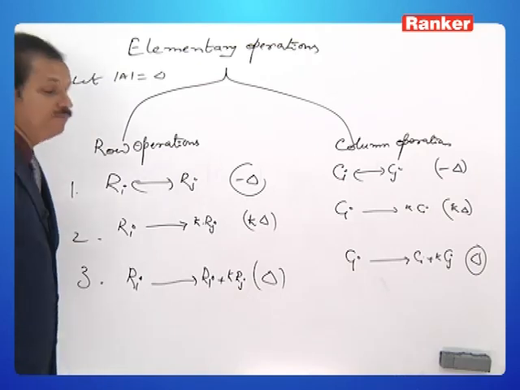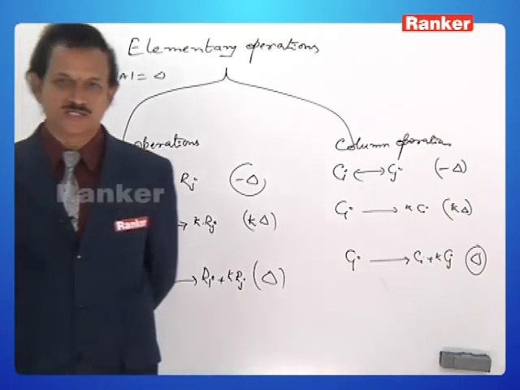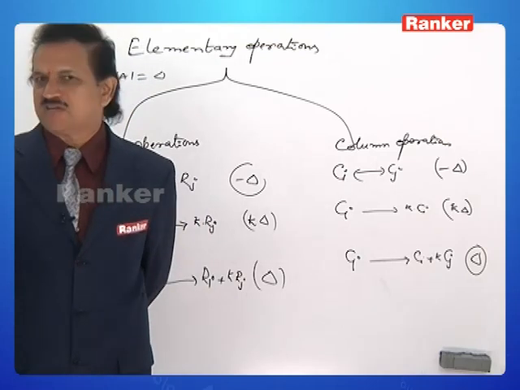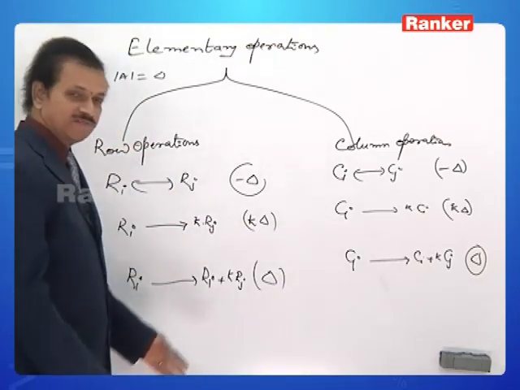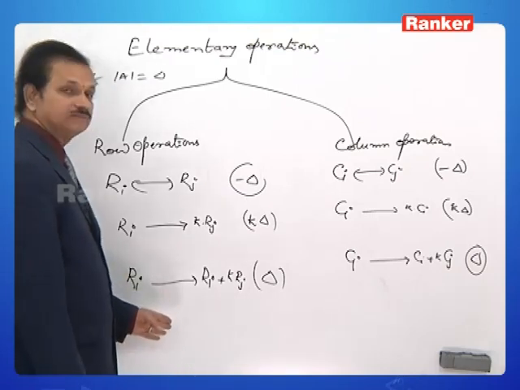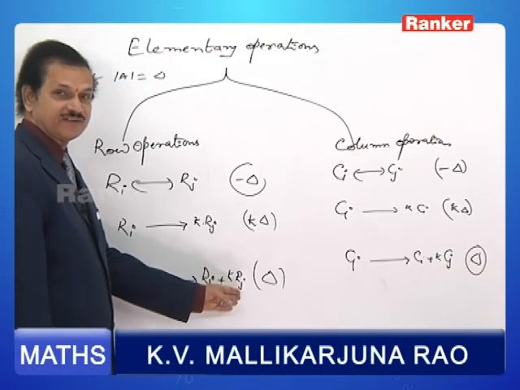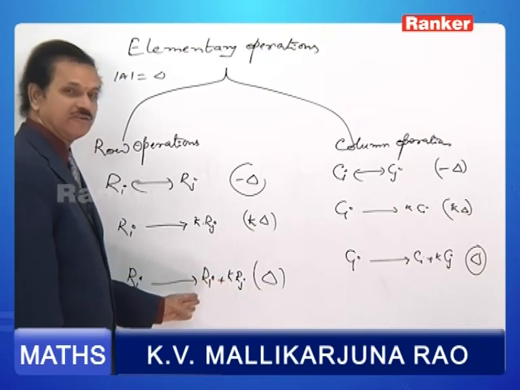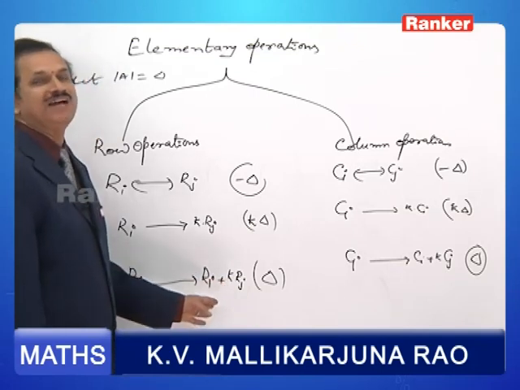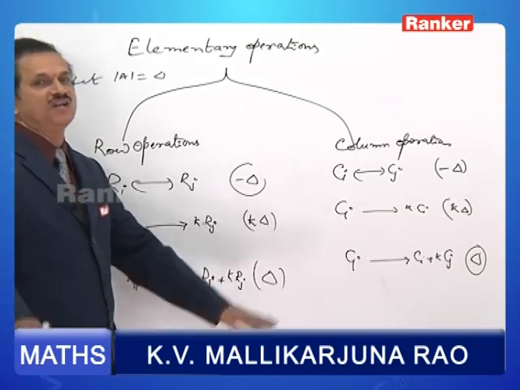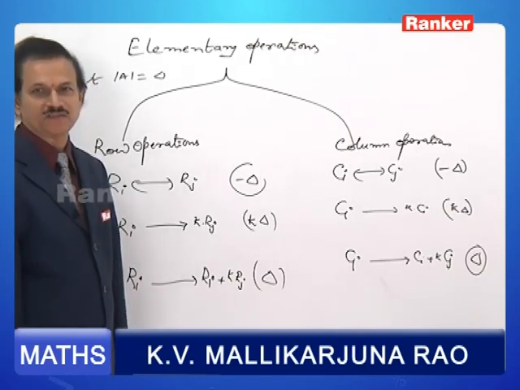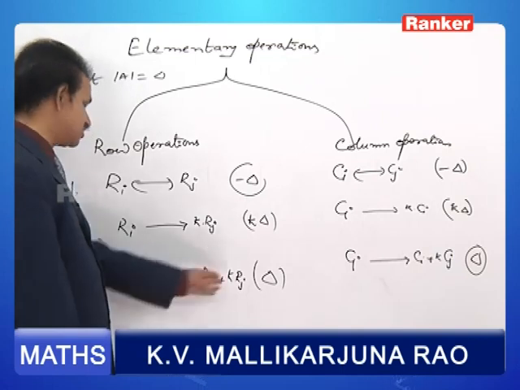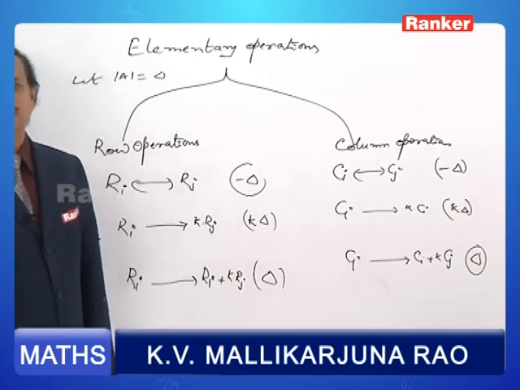Among these elementary operations, the safest operation is this: if k times the elements of a row are added to those of another row, then the value of the determinant remains unchanged. This is the property. You can express this in a small sentence also.